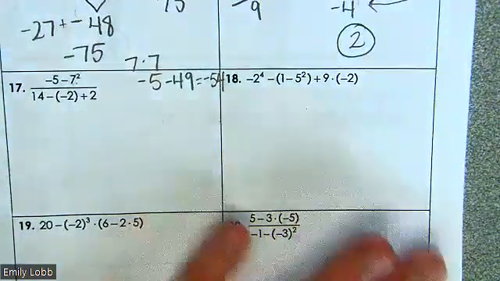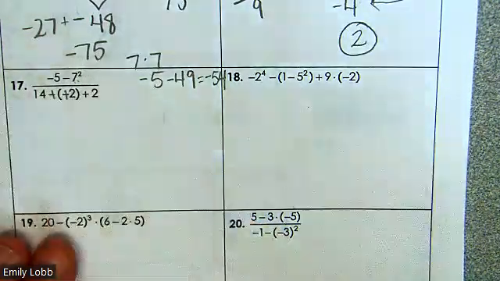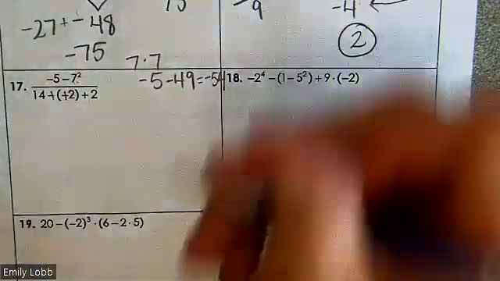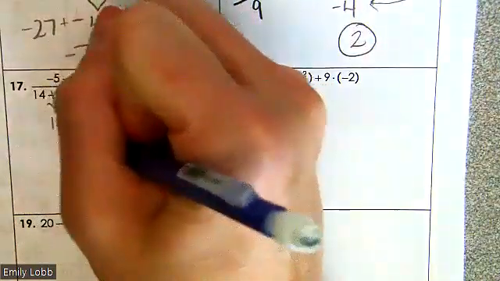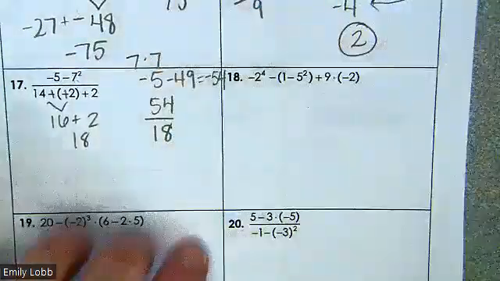On the top, on the bottom, we have to switch, right? What's 14 plus 2? 16 plus another 2. So I have 54 on top and 18 on the bottom.